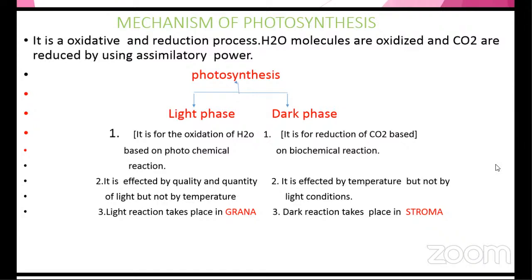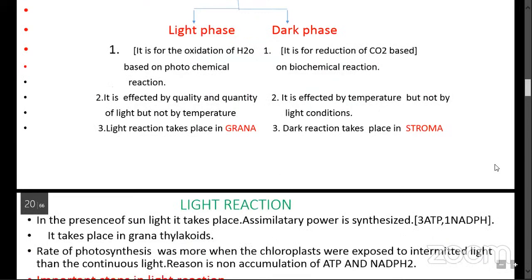This dark phase is purely based on temperature, but not on light. That means this dark phase is influenced by temperature only, not by light. And this dark phase is CO2 based. That means a reduction of CO2 takes place during the dark phase, which is a biochemical reaction. So this is the introduction to the photosynthesis process.